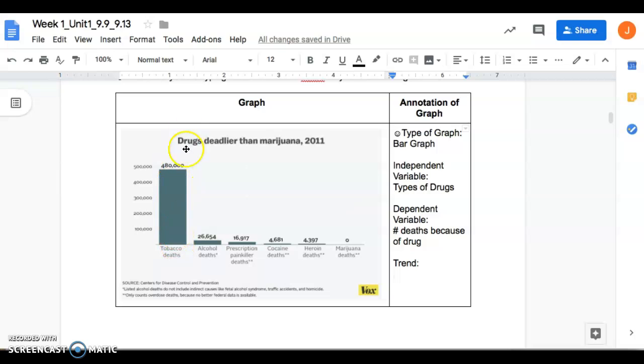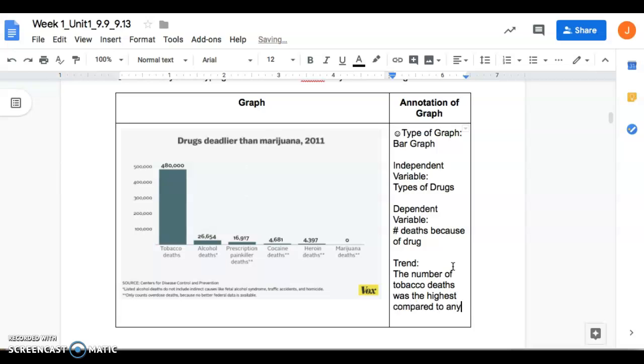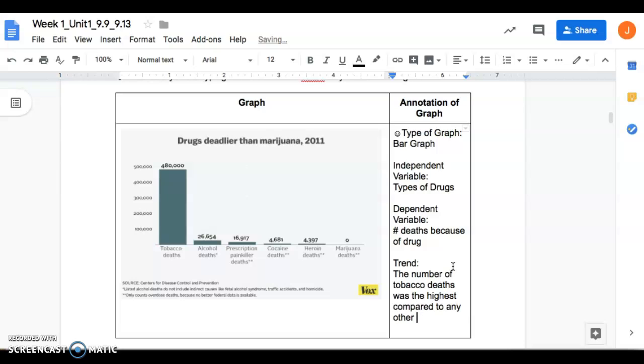For me, it's this tobacco death column. I see that the bar is the highest, the number is the highest. So my trend would be the number of tobacco deaths was the highest compared to any other drug.